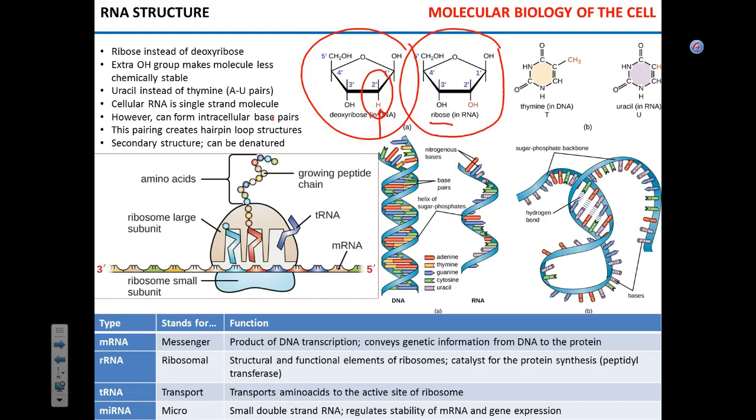You can see that at the 2' carbon, there is now a hydroxyl group, there is now an oxygen. This makes the molecule of RNA less chemically stable. And that statement is a bit of an understatement.